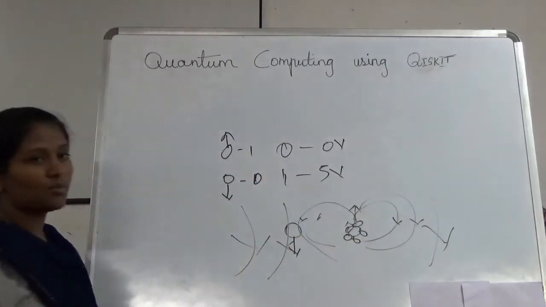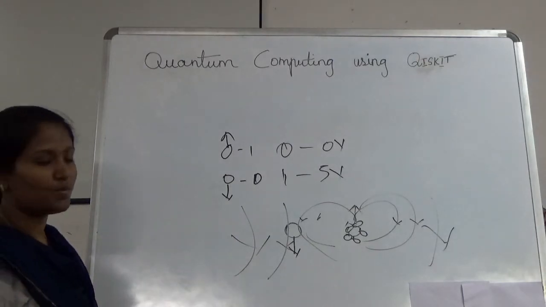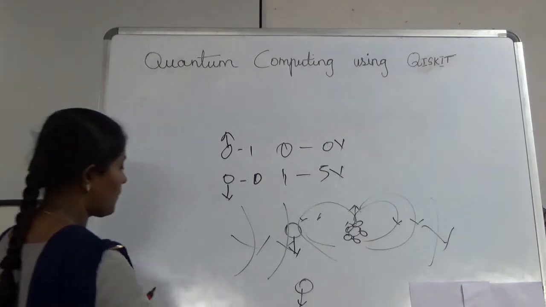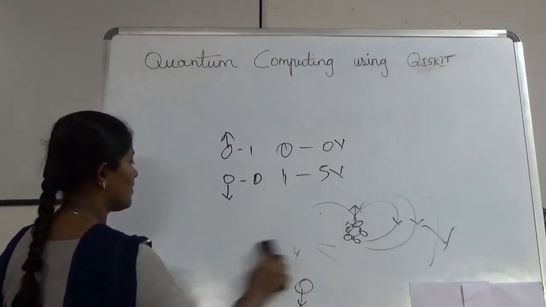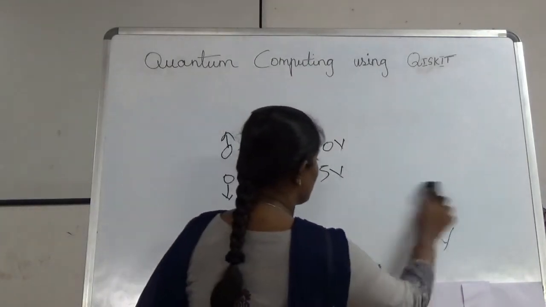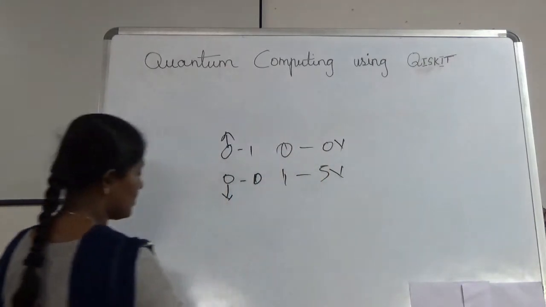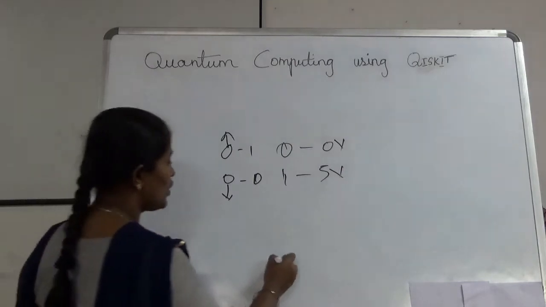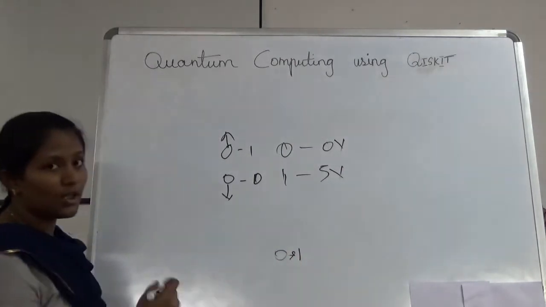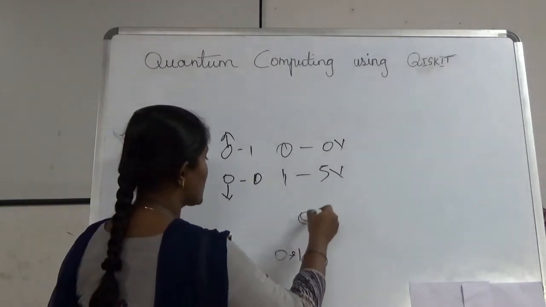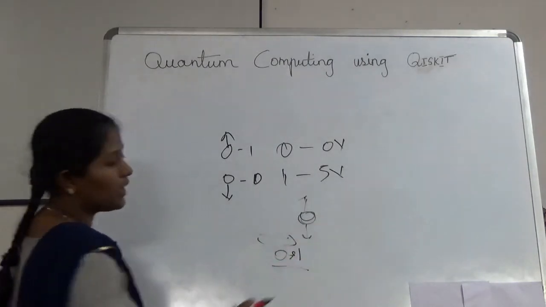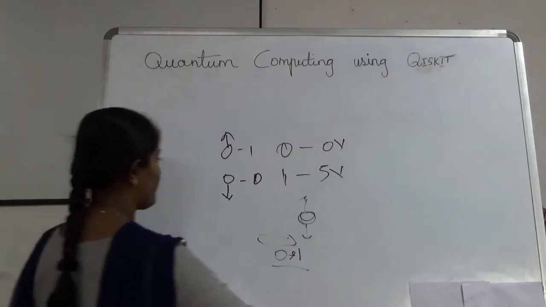Using this we can measure the spin, whether the electron is spin up or spin down, but by default it will be in spin down. So at the end the output will be 0 or 1, but it will be in superposition. Naturally it will be in superposition, but if we measure this, it will be in the 0 or 1 state.